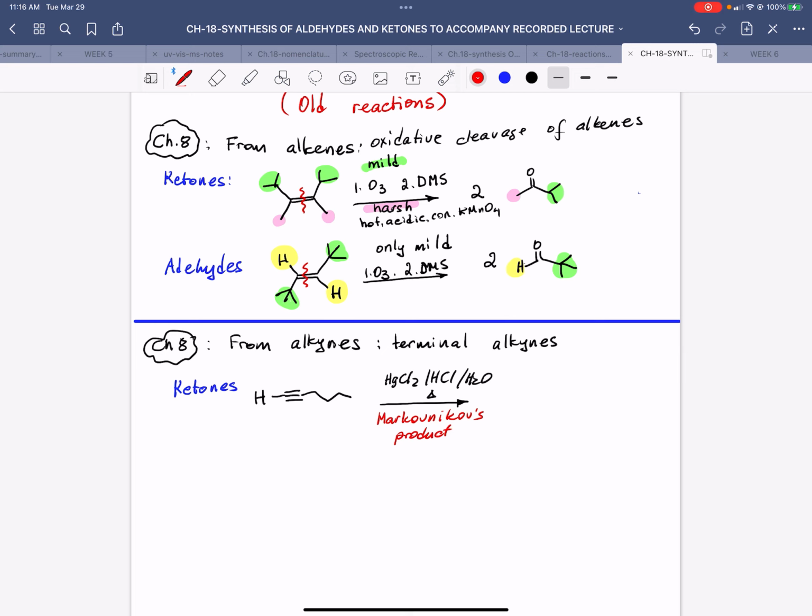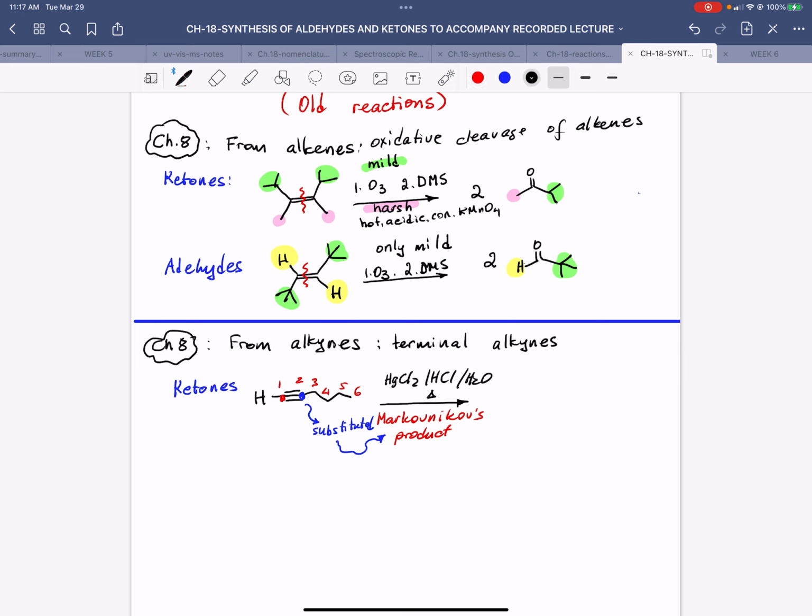So among those two carbons, this carbon is substituted, and it will be taking the carbonyl. Let's number the carbons throughout the compound. 1, 2, 3, 4, 5, 6.